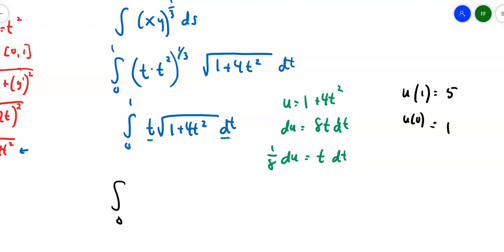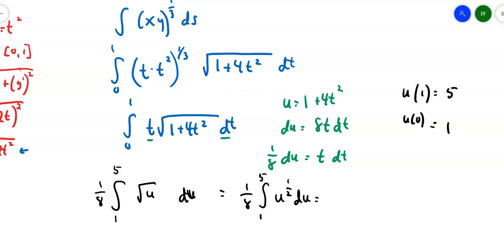I'm sorry, from 1 to 5, new limits of integration. 1 to 5 of 1/8 du, that takes care of my t dt. And then under the radical goes the square root of u, right? So I've got now 1/8 the integral from 1 to 5 of u to the 1/2 du.